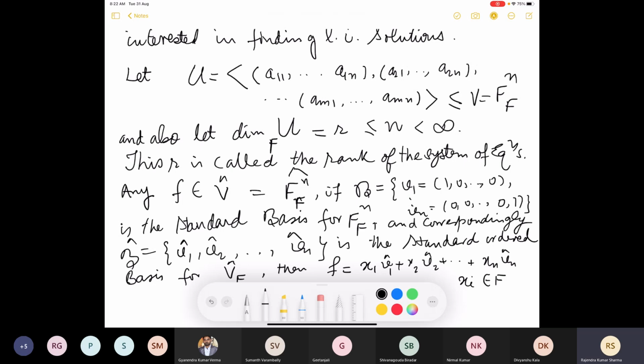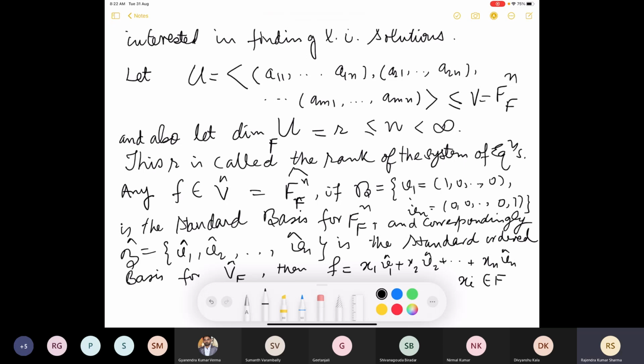Now think of the dual. Think of the dual of V, so V hat. V is Fn over F, and take the standard basis for V over F, say v1, v2, vn. So each vi will be of the form everywhere 0, and at the ith position for i from 1 to n will be 1.